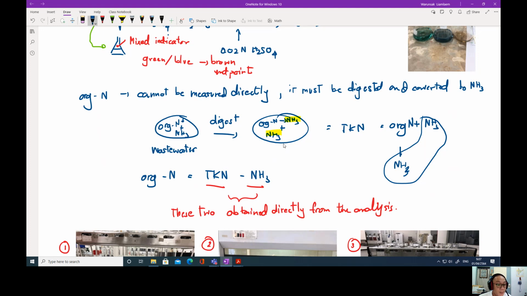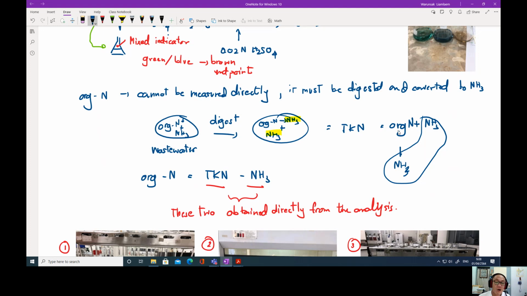The ammonia that we determine from this step will be the ammonia which already exists, in combination with the ammonia which gets converted from the organic substance. So the combination of these two, if you measure using the same technique, is called the TKN.